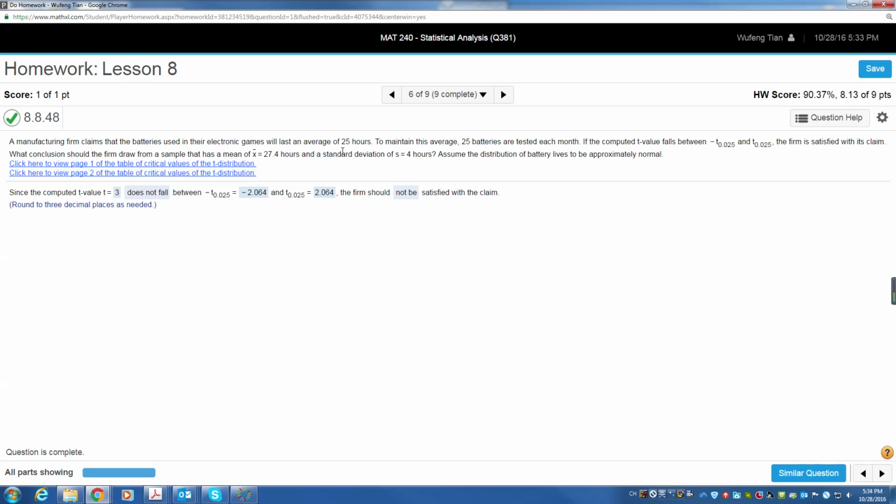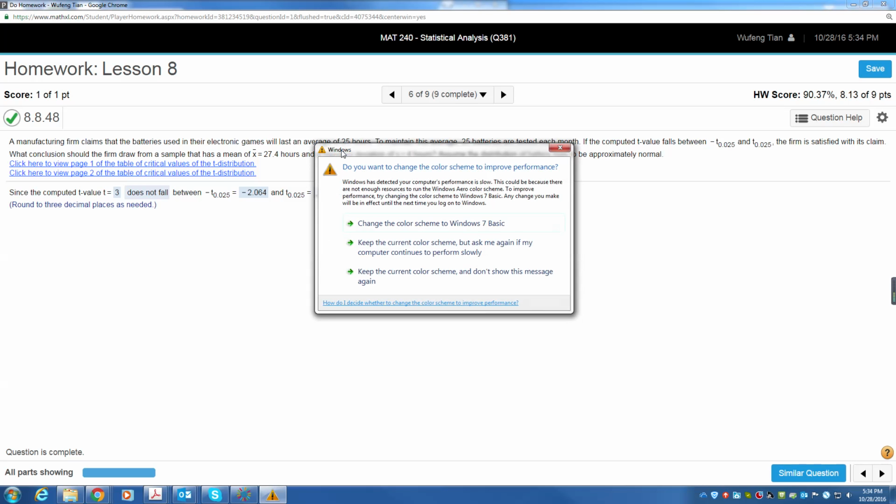Use the formula: x bar minus mu over s over square root of n. So here you use x bar 27.4 minus 25, so it's 2.4, divided by 4 divided by the square root of 25. So the answer is 3. You find the t value.